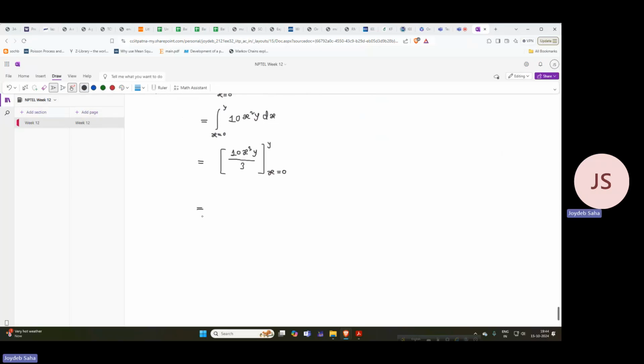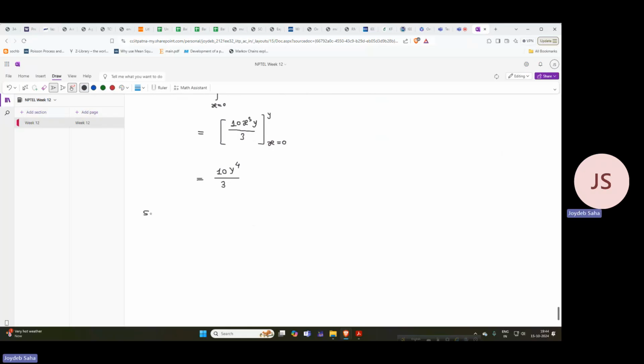So this is 10 y to the power 4 upon 3. 10 y to the power 4 upon 3. Fine.